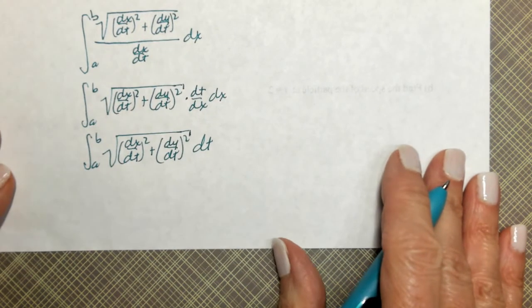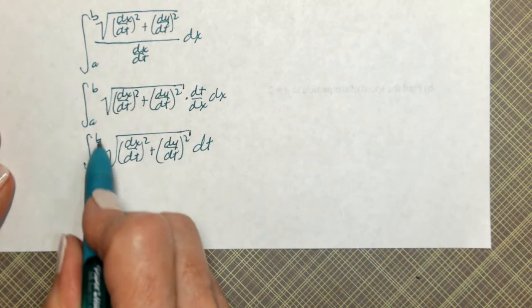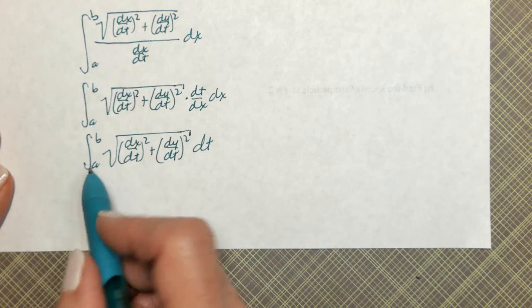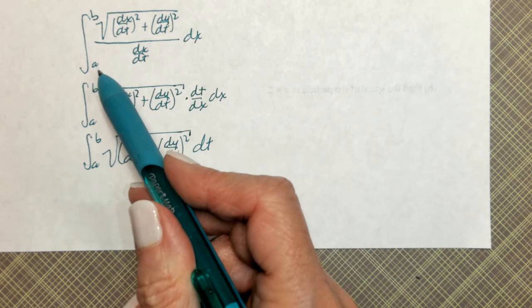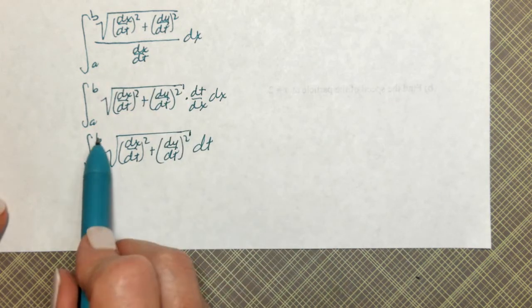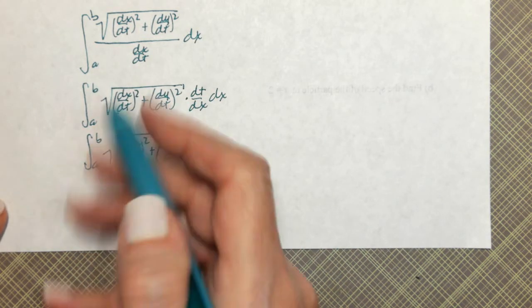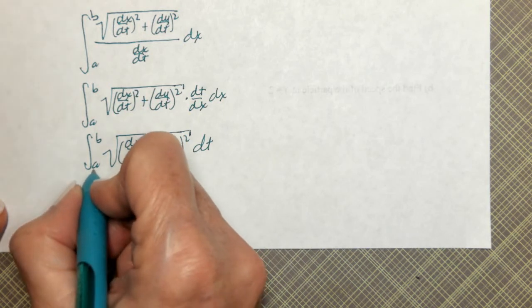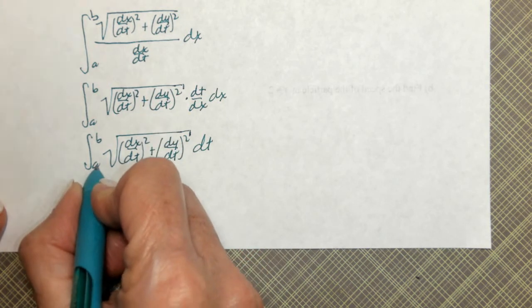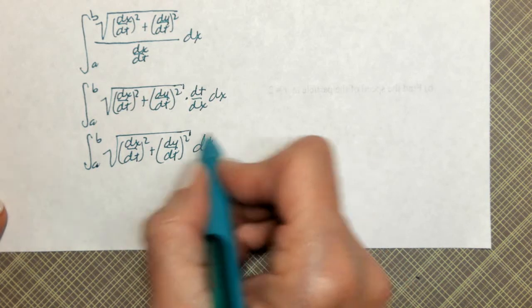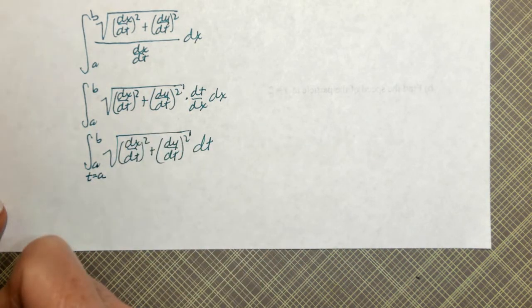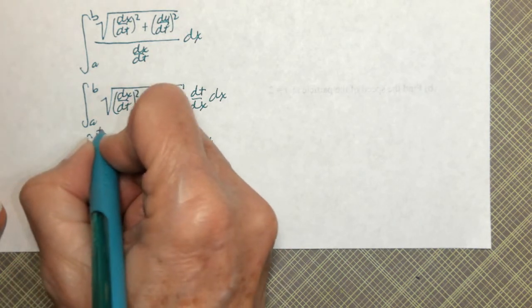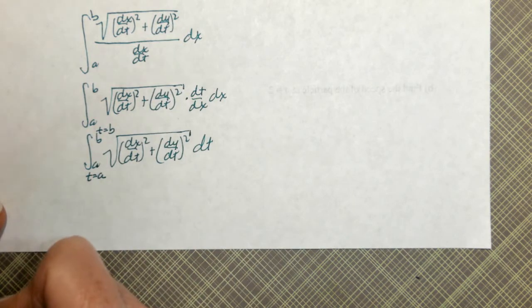Now, a and b were the beginning x value and the ending x value. These would be x coordinates, but we want to find the time at that. So this would be the time when x was at that starting spot, and this would be the time that x was at its ending spot.